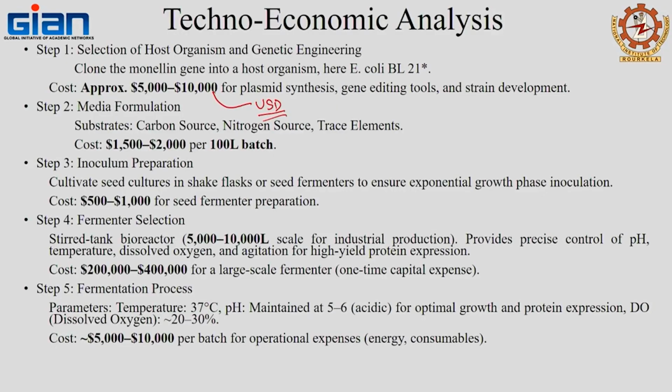The approximate cost for the plasmid synthesis, gene editing tools, and strain development is around $5,000 to $10,000. For media formulation, for all the carbon source, nitrogen source, trace element salts and so on, for a 100-liter batch we have taken $1,500 to $2,000.